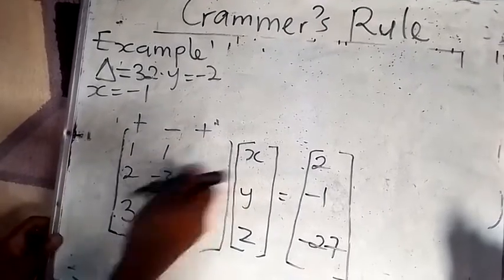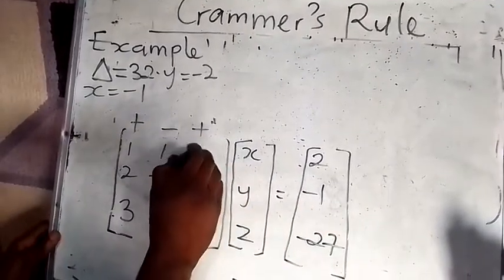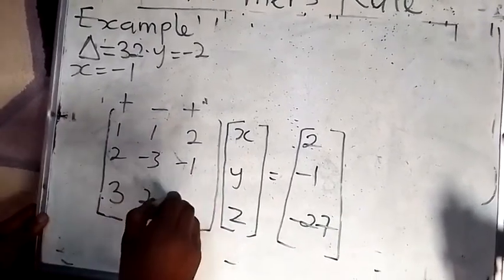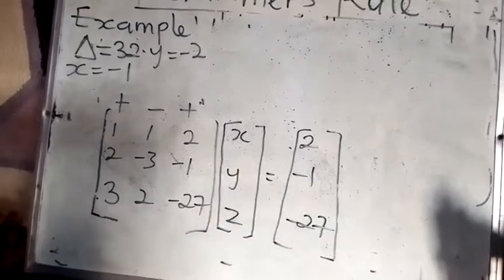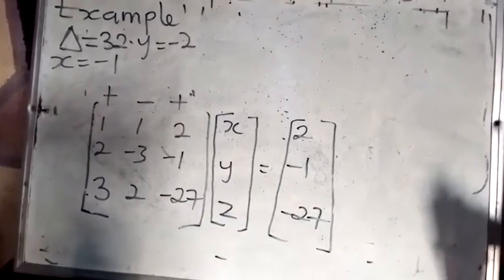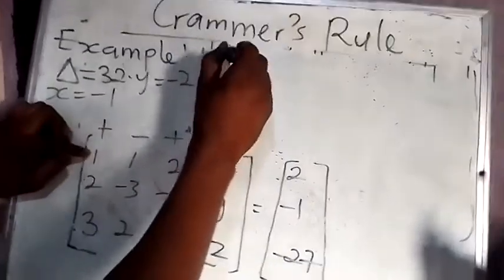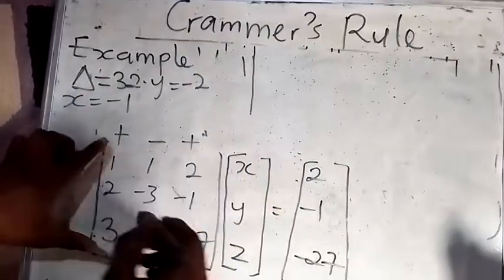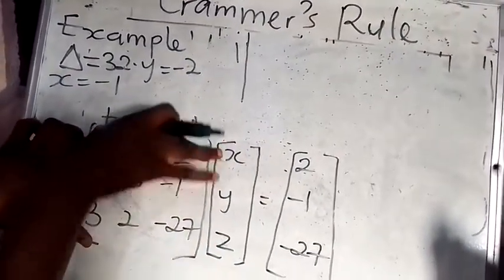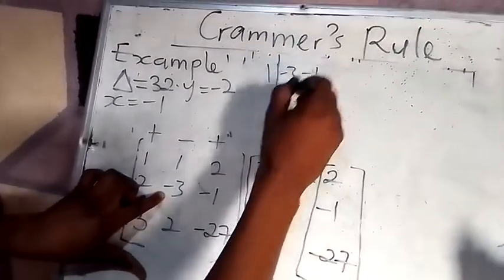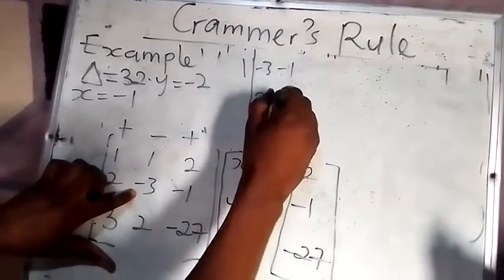Don't need to write it down because this is the last stage. 2, minus 1, minus 27. So you now find the determinant. So hold the 1. We want to get the z. Hold the vertical and the horizontal. What do you have left? You have minus 3, minus 1, 2, minus 27.